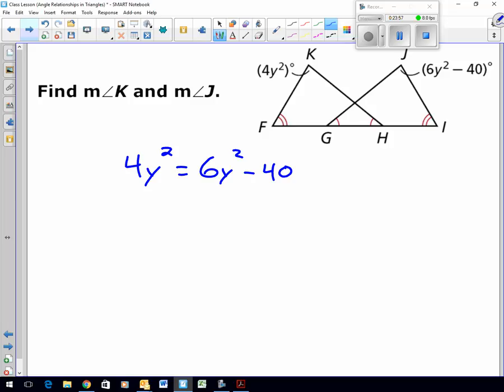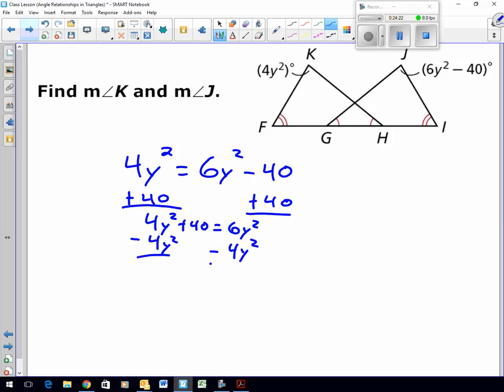I avoid the negative numbers. Y'all hear me? I want to avoid the negative numbers. So the way I would do this, I would add 40 to both sides to get 4y squared plus 40 equals 6y squared, and then I would subtract 4y squared from both sides.